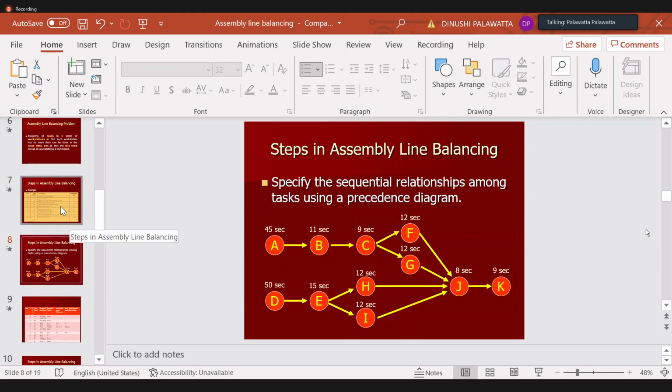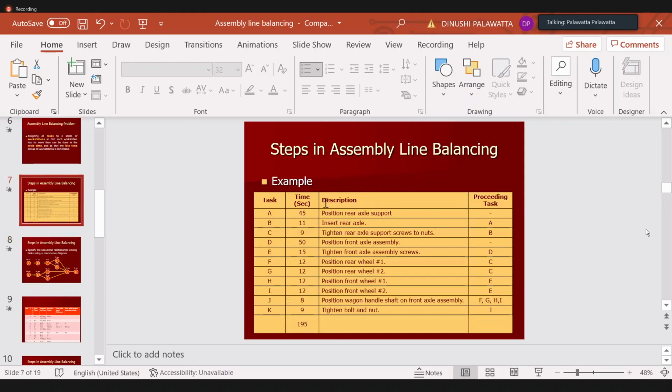Let's say you have been given only this one, and then you are asked to balance the line for 3 workstations because you have only 3 employees. So if the question is like this, you don't have this information.